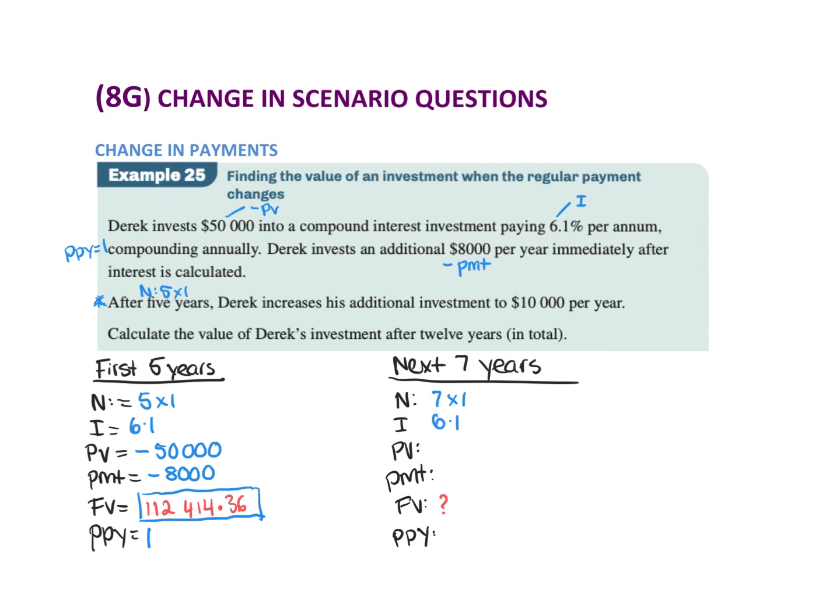Now, we are at the 5-year mark. So we're going to pretend like we're investing what his investment is up to. This is where you now put that final value, because that's what the investment's up to. It becomes your PV. But remember, it has to be a negative, because it's like I'm investing that money.